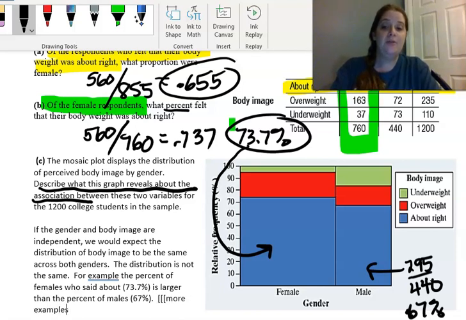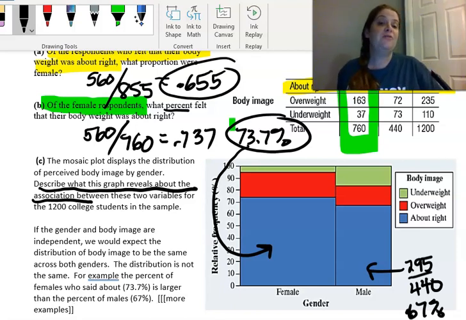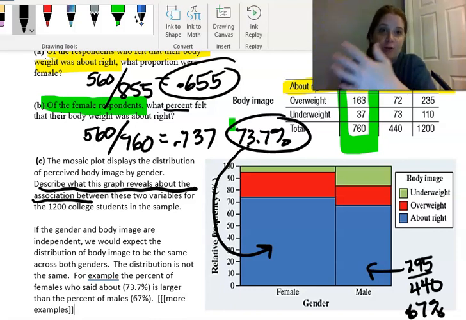So I would put in some other examples here. I'd go ahead and say something like the percent of females who said underweight is very different from the percentage of males who said underweight, at about 5% versus a much larger value, if we're looking at the green. So compare how that is different as well.